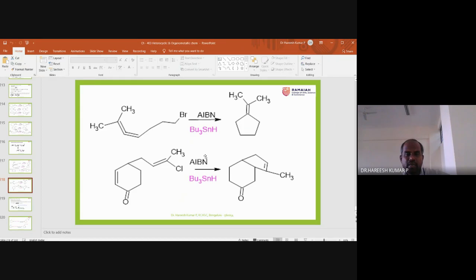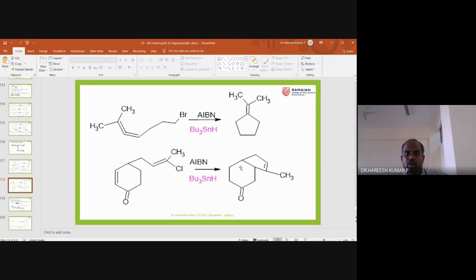Similarly, this is another compound. When a radical is initiated by AIBN, there will be a radical formation here. This radical reacts with this particular bond. How is it reacting? This bond undergoes homolytic cleavage forming a radical here and a radical there, and both radicals form a bond.